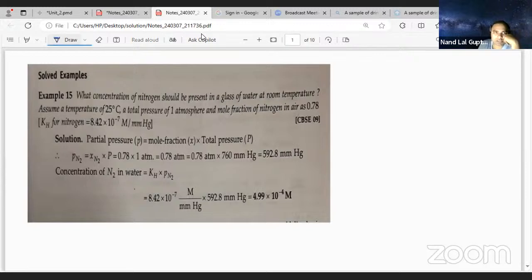What concentration of nitrogen should be present in a glass of water at room temperature? Assume 25 degrees C, a total pressure of 1 atmosphere, and the mole fraction of nitrogen is 0.78. KH is given here.